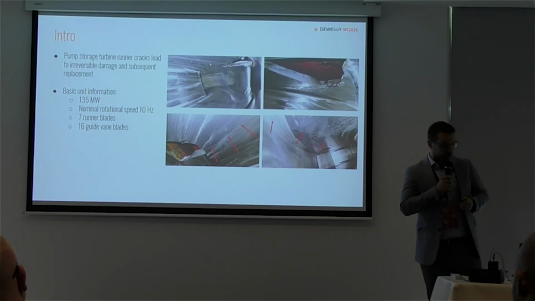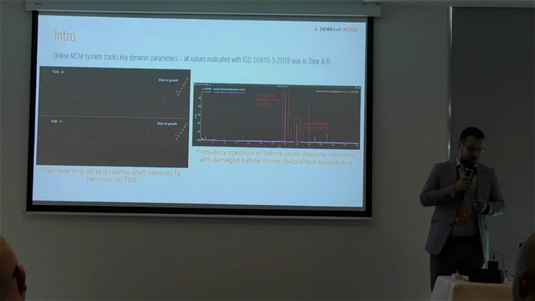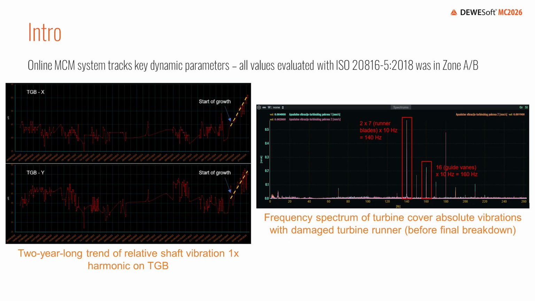On this unit, we have installed our machine condition monitoring system over the years, and we track a lot of data, a lot of sensors: relative vibration, absolute vibration, we measure air gap and everything.